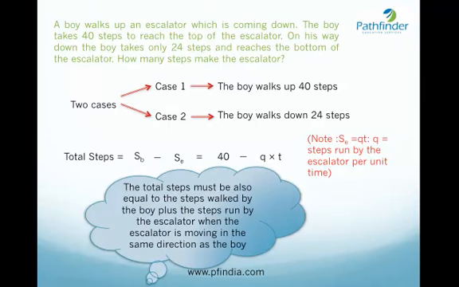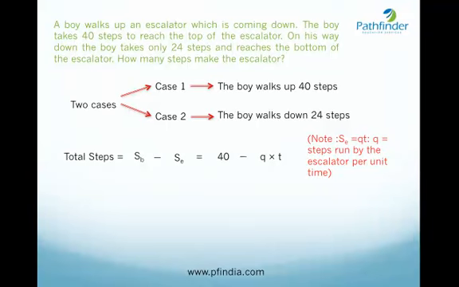Similarly, when the boy walks down, the total steps must be equal to the steps walked by the boy plus the steps run by the escalator, because in this case both are moving in the same direction. So what is our equation? Total steps is equal to SB. Now in this case, SB is the steps taken by the boy when he is walking down, plus SE, which is the steps of the escalator in the same time as the boy walks 24 steps.